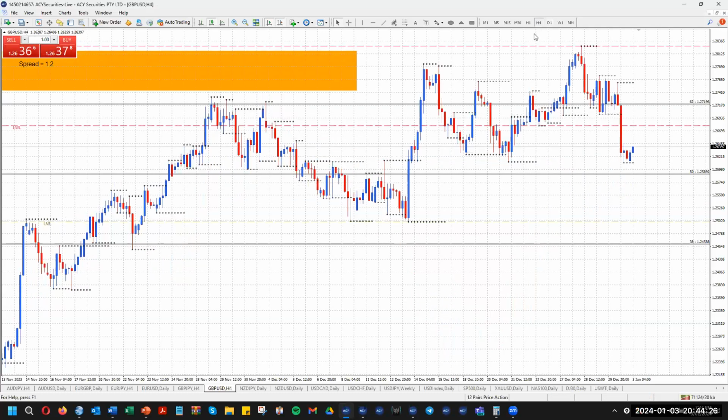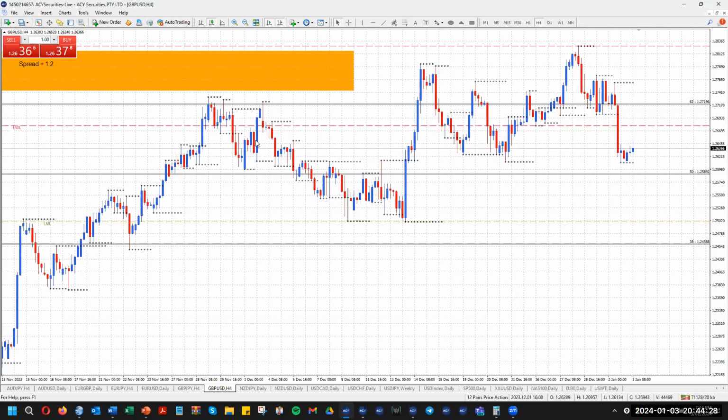So if you move to the 4-hour chart and look at price action here, price has been moving up. I'm looking in this area here for an entry. Price comes down and comes back up.